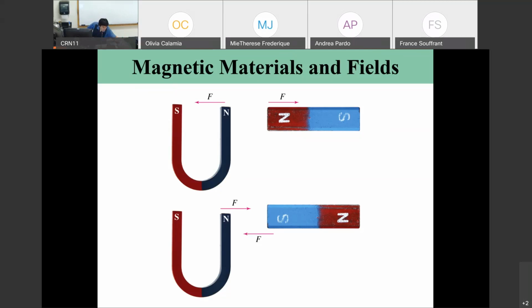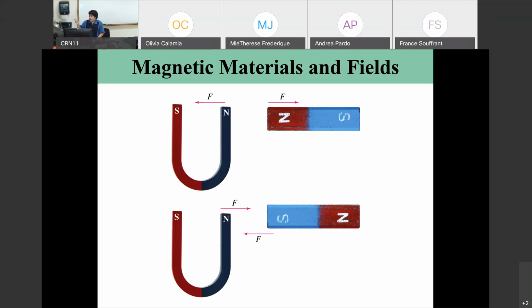Now, with magnets, something that I want to make sure is clear: it's not possible to have what we call in physics a magnetic monopole. So, if you cut a magnet in half, you won't get north and south divided or separated.